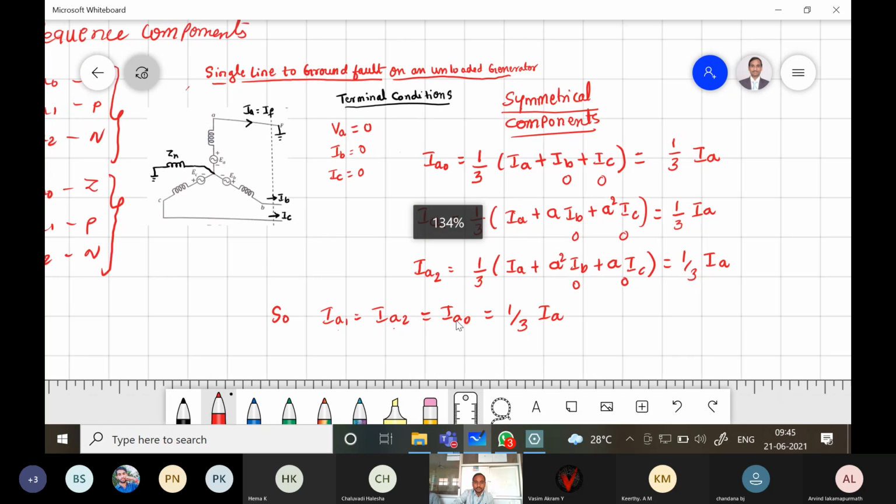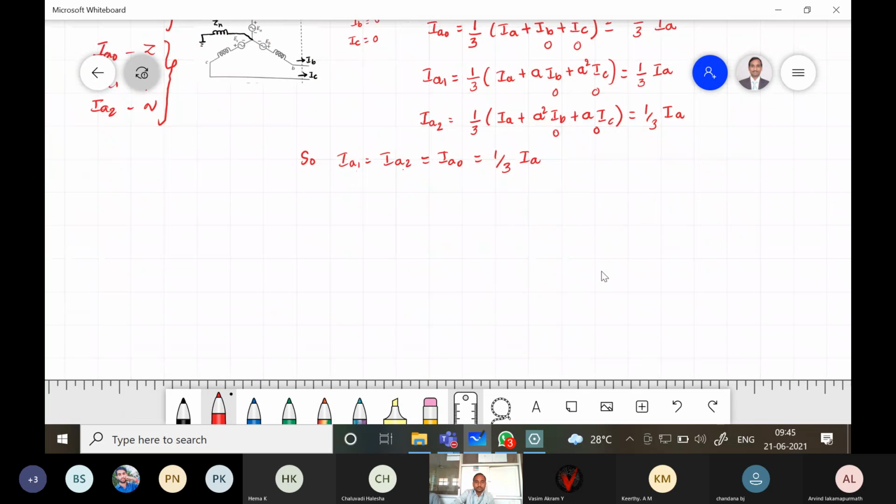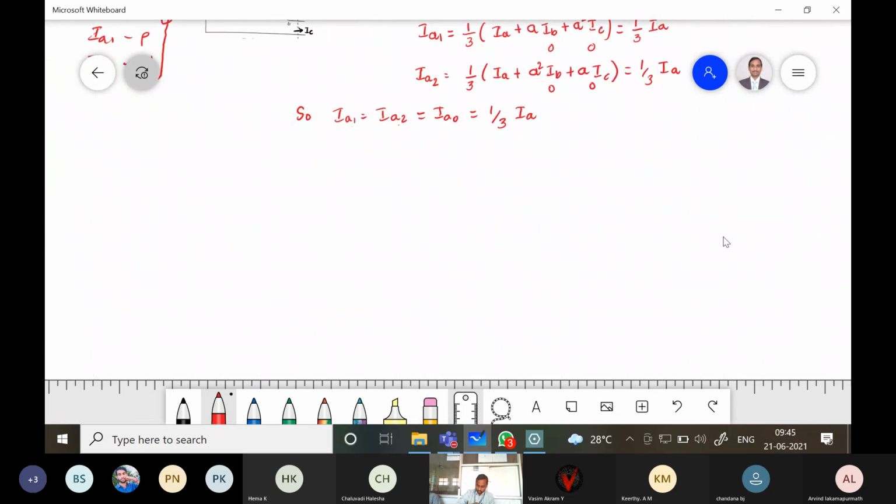I will write here. How to draw the positive sequence network for this? EA1 is represented by a voltage source in series with the reactance.